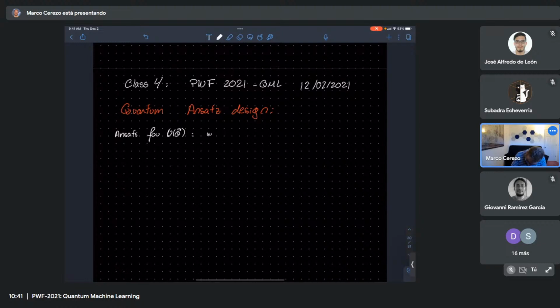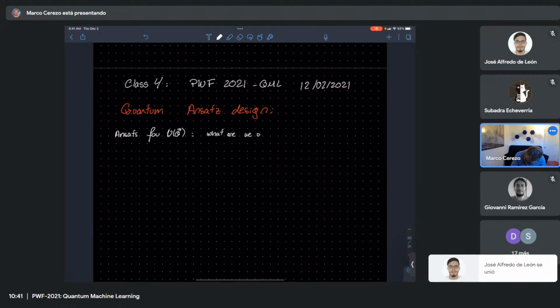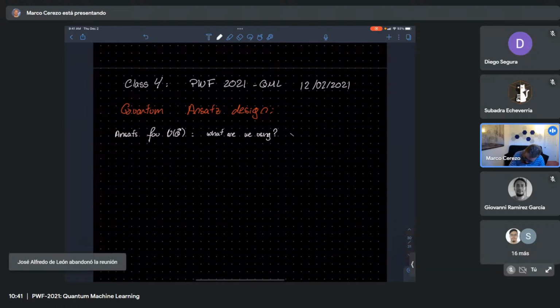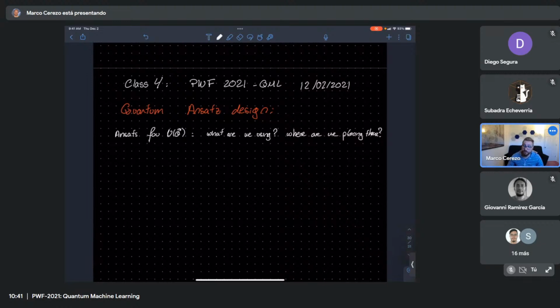This means what gates are we using? And this has the questions of not only what gates, but where are we placing them? And of course, as you can expect, different structures for the parametrized quantum circuit may have very different performances when trying to solve a given task, right? So it's not obvious what we can do.